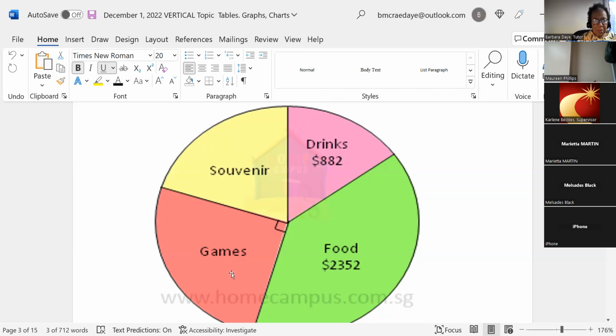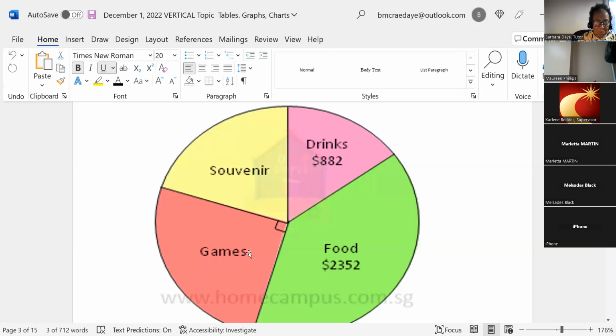So if that's a half, then what's half of a half? A quarter. That's it. So games represent 1/4. That's exactly 1/4.